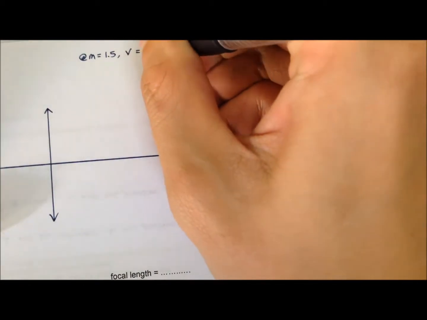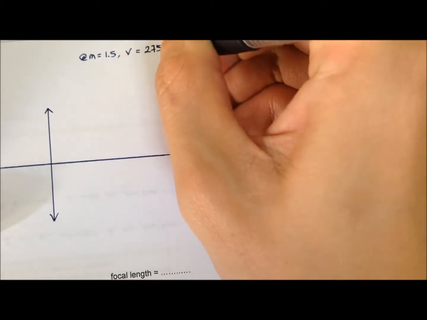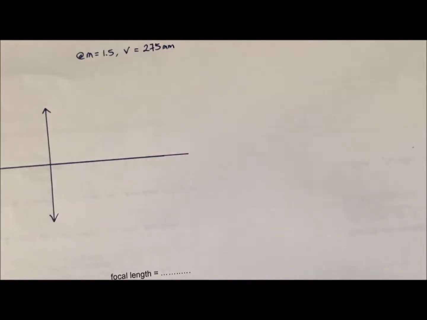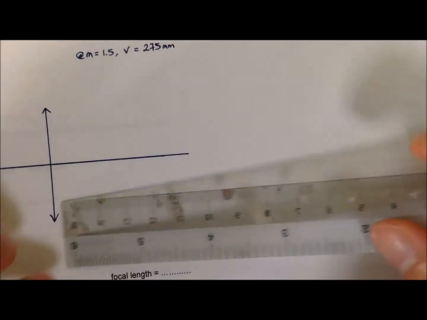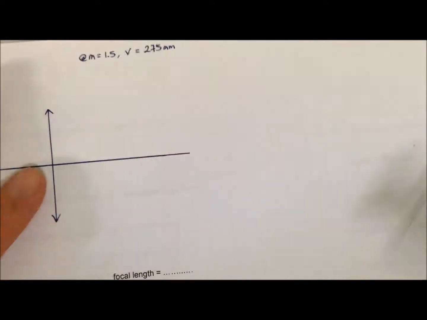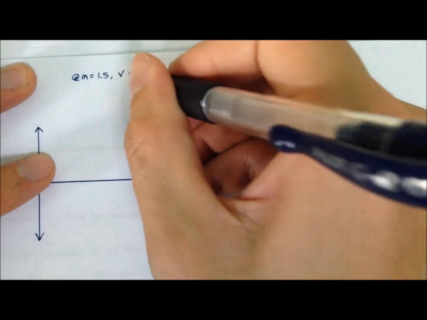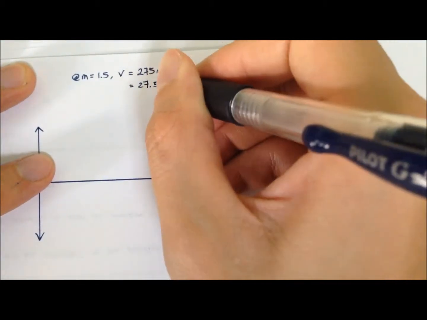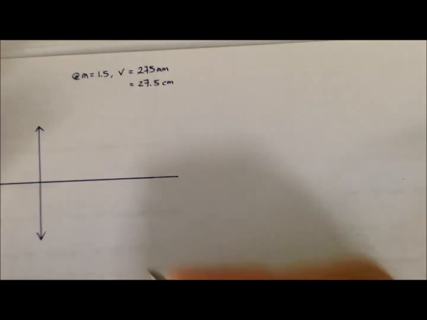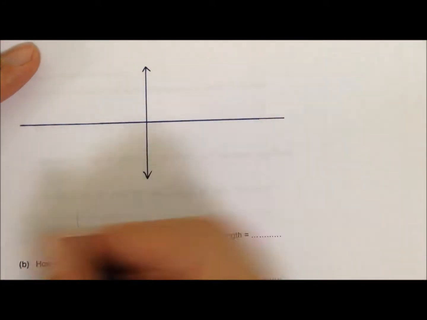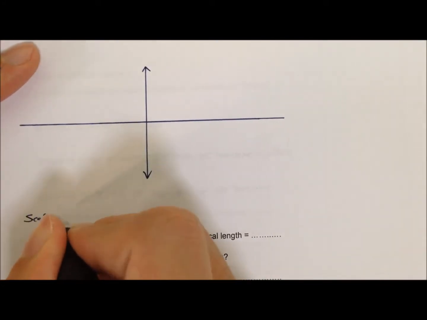So down here is 275 mm, right? And you don't have such a big line to get 27.5, so this is about 27.5 cm, right? So let us create a scale, because I cannot have everything here.